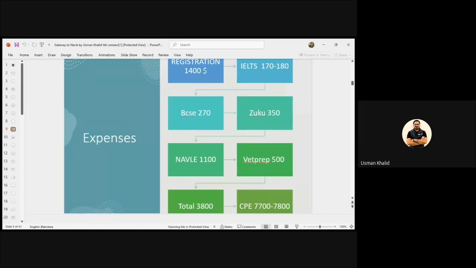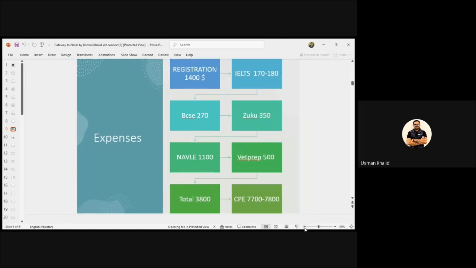So the next thing is that you have to get registration. These expenses are from my memory, so some may vary a little bit, but most will be the same.